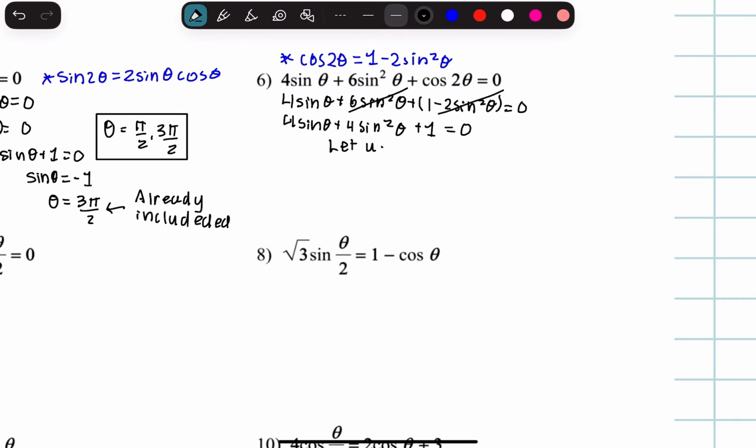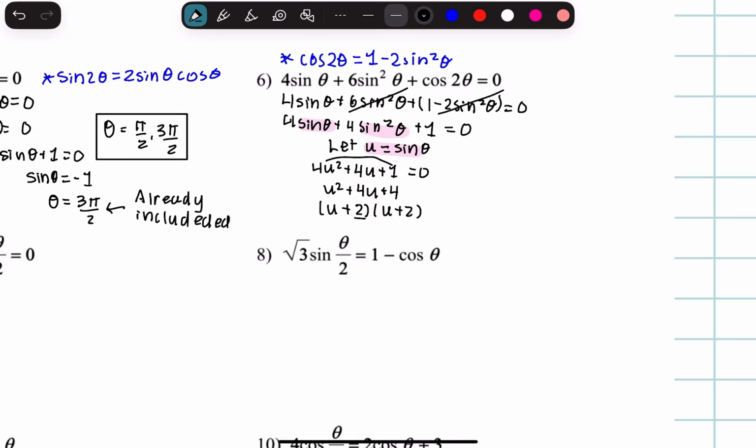Let u equal sine θ, and replace sine θ with u in every location. So we rewrite this as 4u squared plus 4u plus 1 equal to 0. That becomes u squared plus 4u plus 4, and we need numbers that multiply to 4 but add up to 4. So that's 2 and 2.